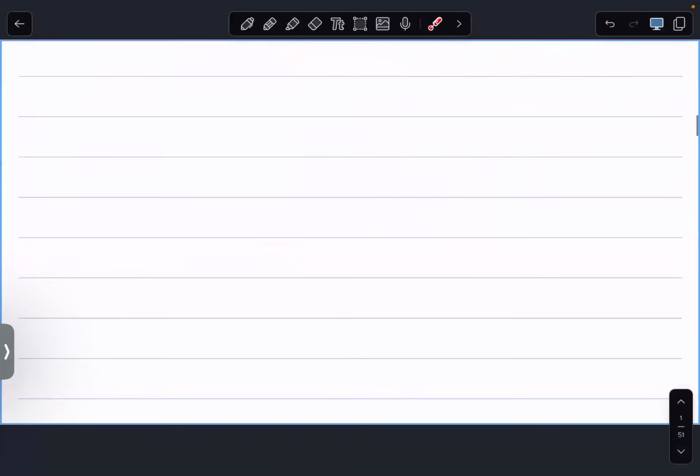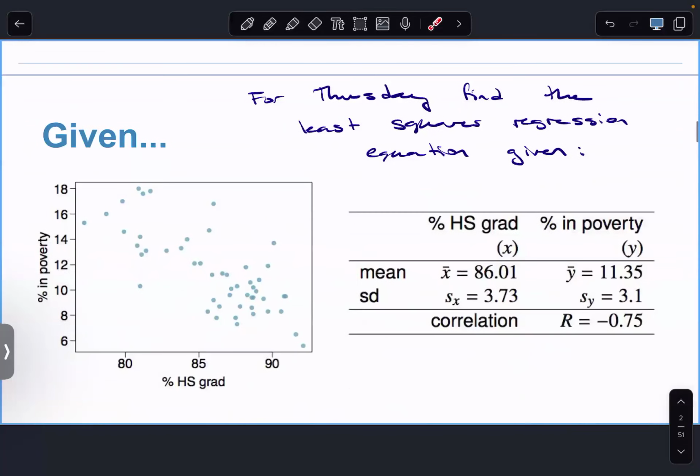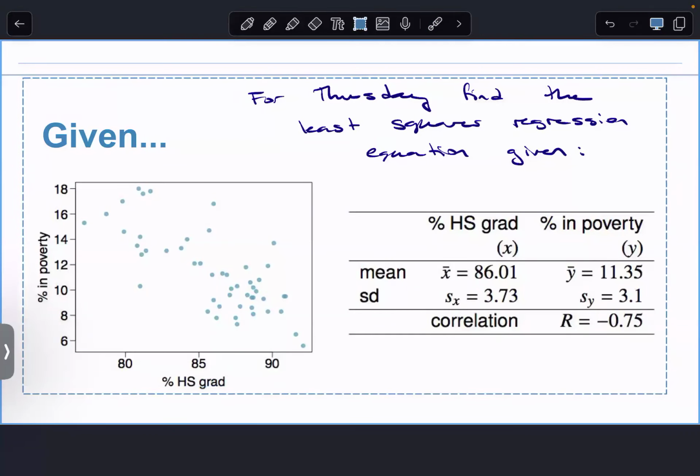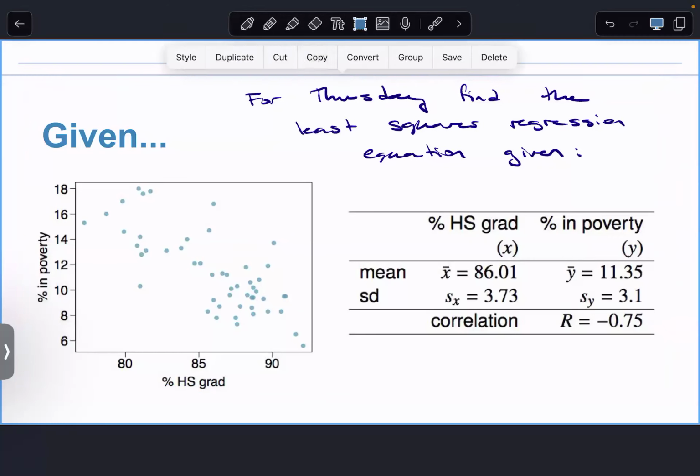So, last day, we introduced regression, right? Which is kind of a lighthearted topic to end on. We're fitting a least squares regression line. And I said for Thursday, find this least squares regression line.